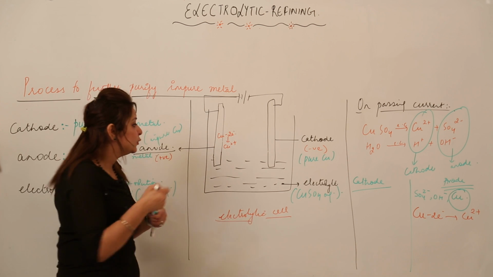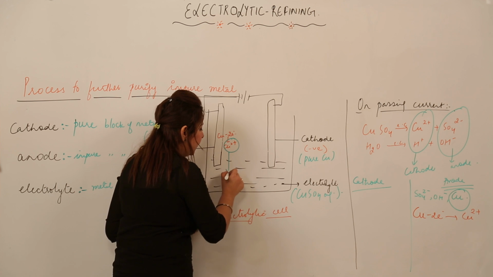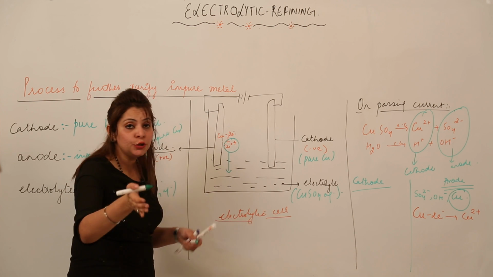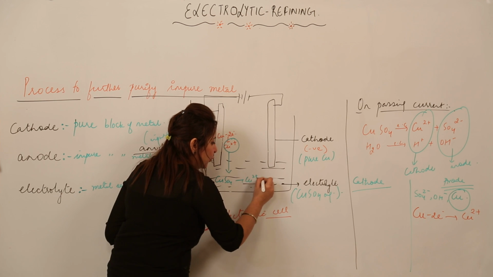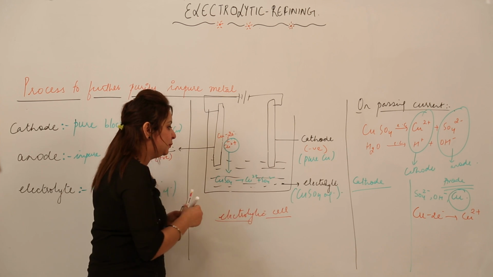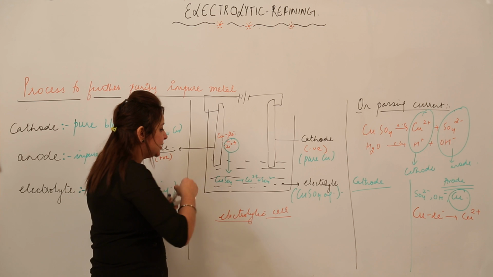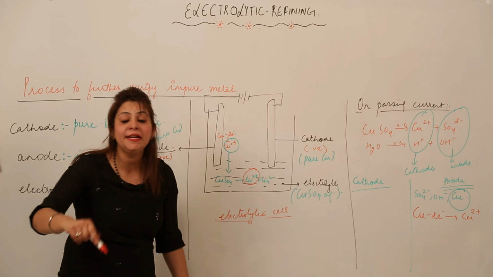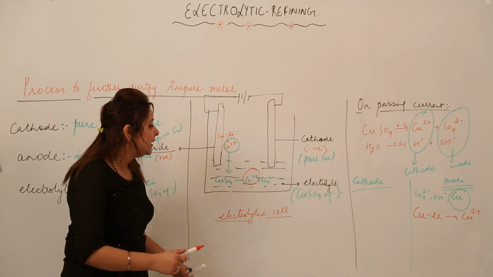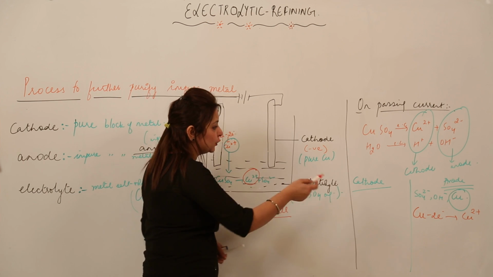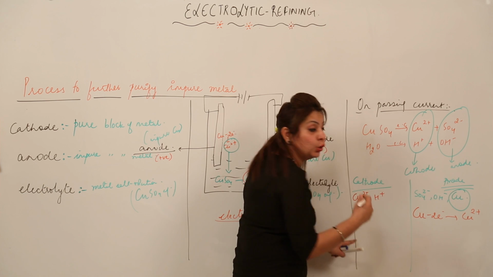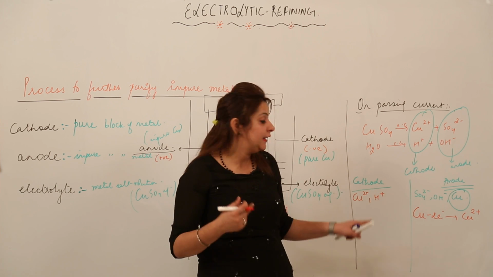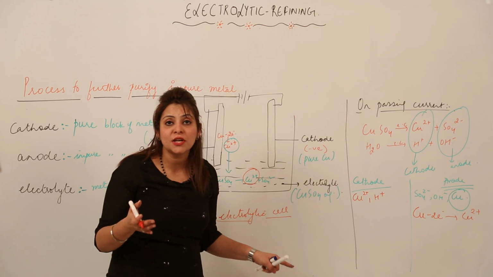And where do these Cu2+ ions go? They go into the solution, which already has Cu2+ and sulfate ions. So the concentration of Cu2+ ions is going to increase in the solution. At the cathode, Cu2+ and hydrogen ions go, and out of them the Cu2+ ion has a lower discharge potential.